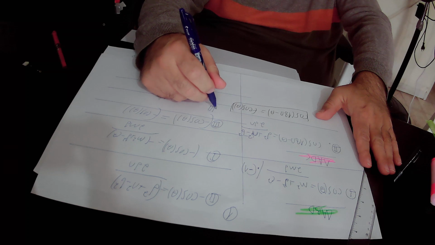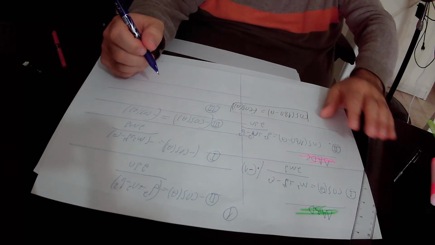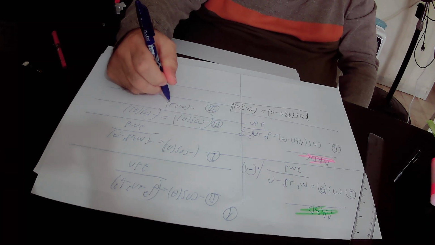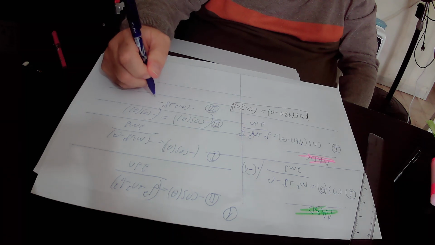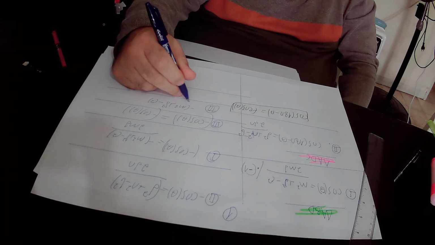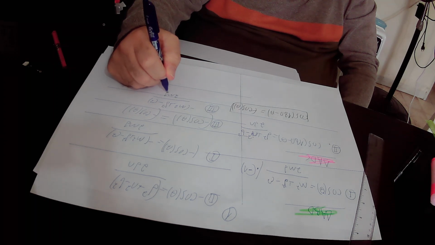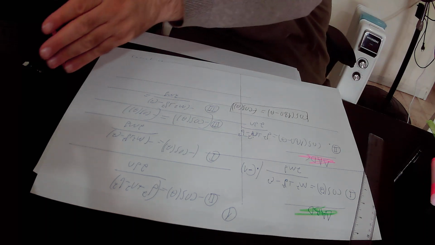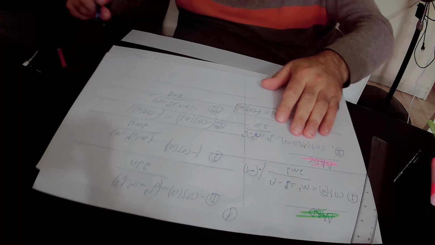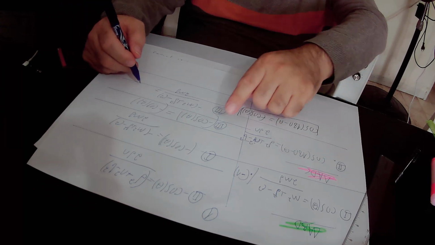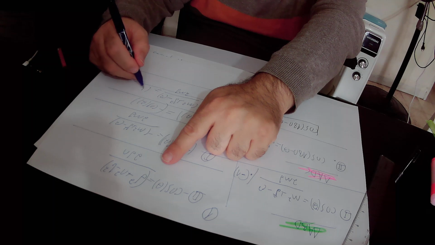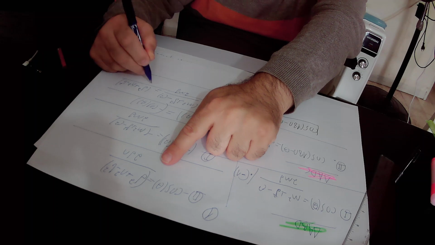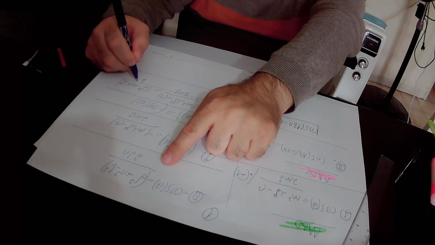Minus cosine theta according to equation number 1 equals minus m squared plus d squared minus c squared over 2 times m times d, and it must be equal to minus cosine theta according to equation number 2, which equals d squared plus n squared minus b squared over 2 times d times n.